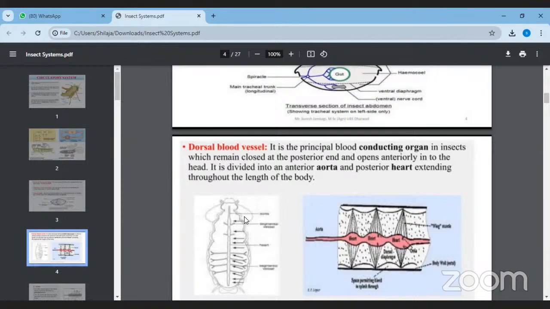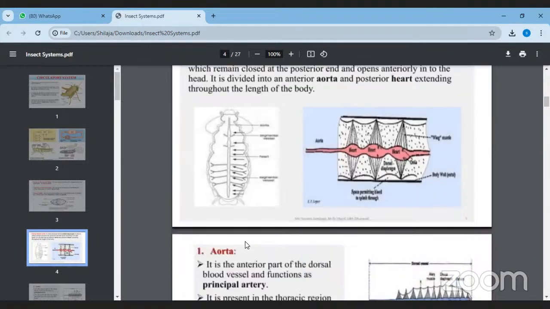In the diagrammatic figure we see the heart, how it is extended, and after these hearts, these are called lateral hearts. And this aorta, how it is carrying the blood for the required oxygenation.